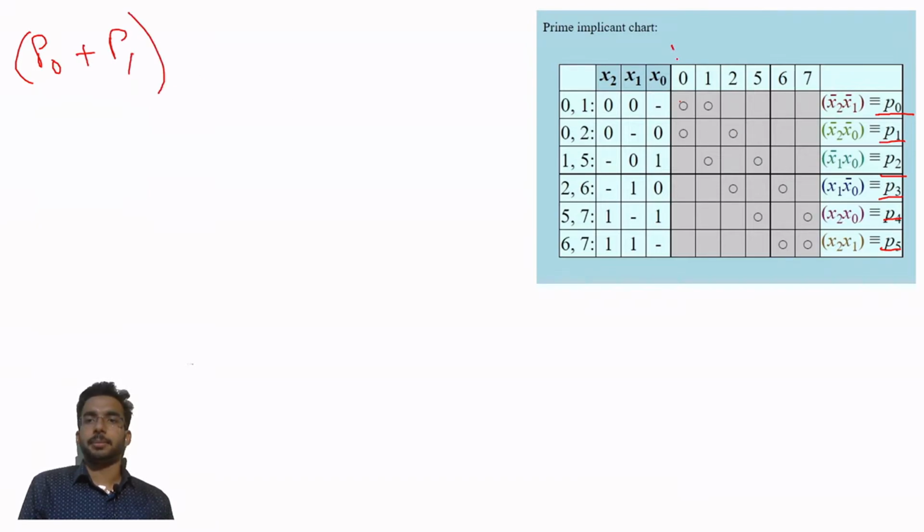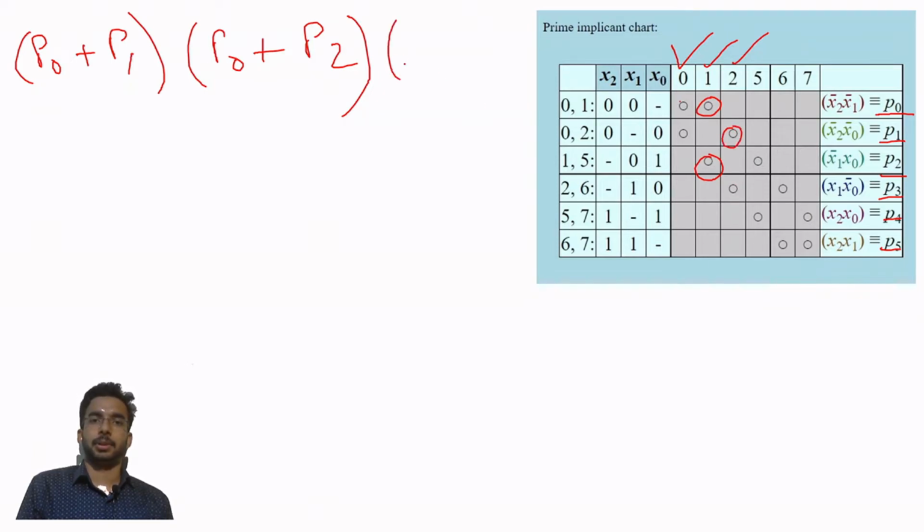0 is completed. After that we write for 1. 1 is covered by P0 and P2. After that, 2 is covered by P1 and P3.